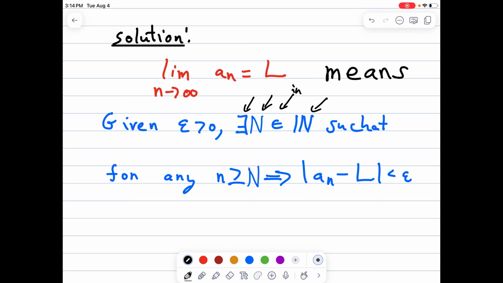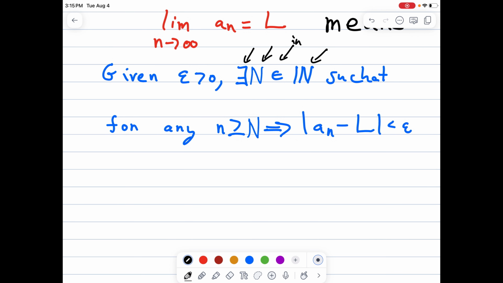So given epsilon greater than 0, there exists a natural number N in the natural numbers, such that for any n greater than or equal to N, this implies that the absolute value of a sub n minus L is less than epsilon.